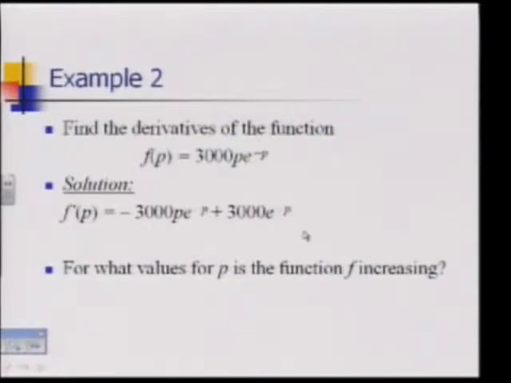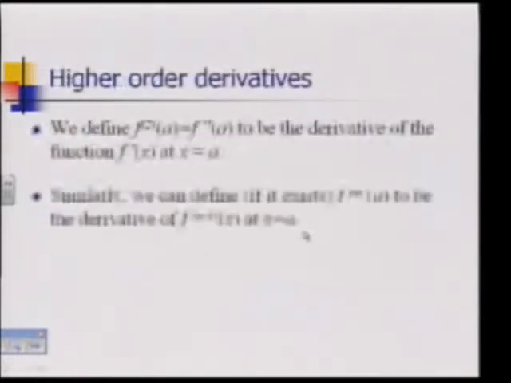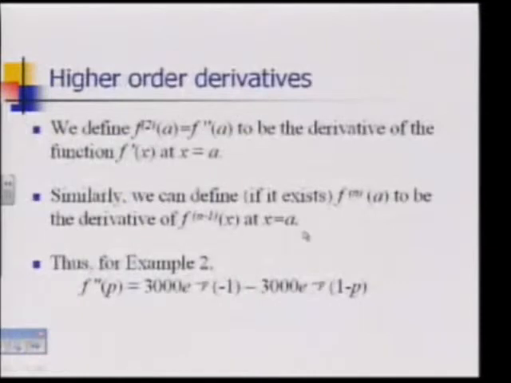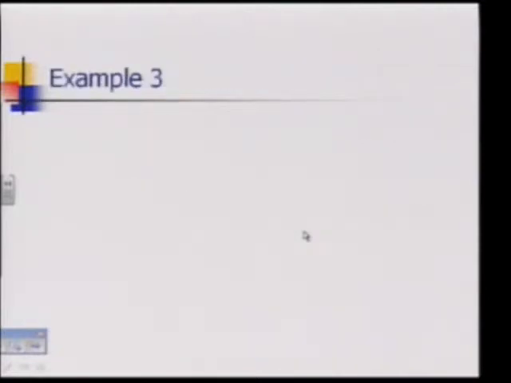And what about this one? This one is actually minus of this, so you can just change the sign, which is very convenient. By doing that, we end up with something like this: minus 3000 e to the minus p, and then you have this. Of course, you can simplify the expression a little bit by collecting some common terms and get to this.